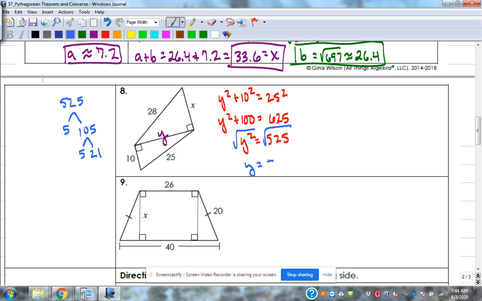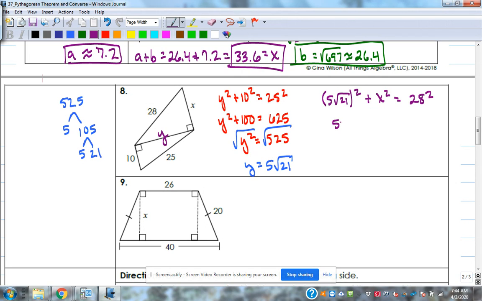So it's going to be 5 radical 21. And then I don't want to use a decimal approximation for that because I'm going to use this in my next problem. So I'm going to use that exact value to find the actual side that I want out of that. So I'm going to set up that problem with 5 radical 21 squared plus x squared is equal to 28 squared.